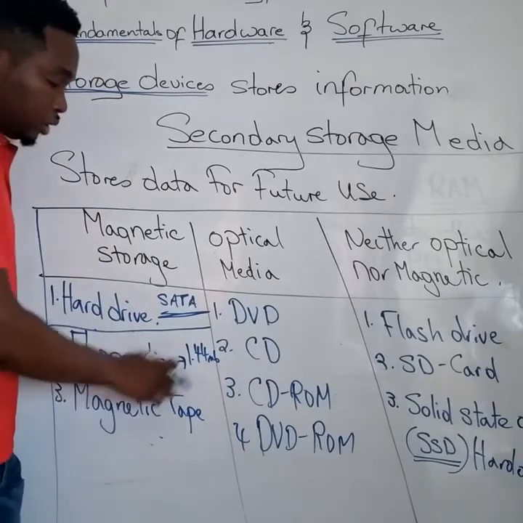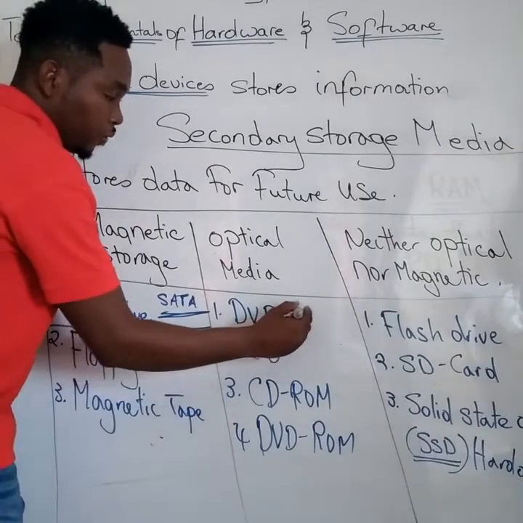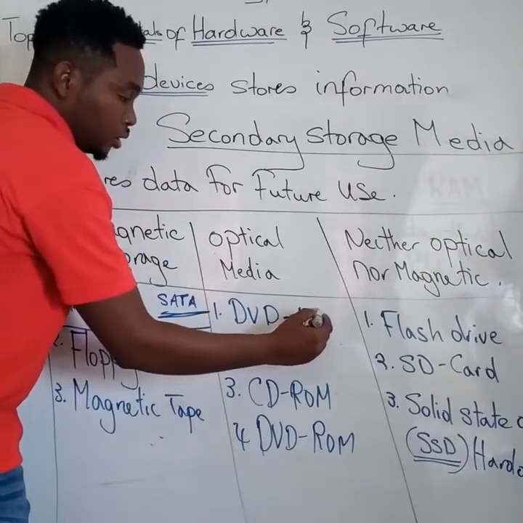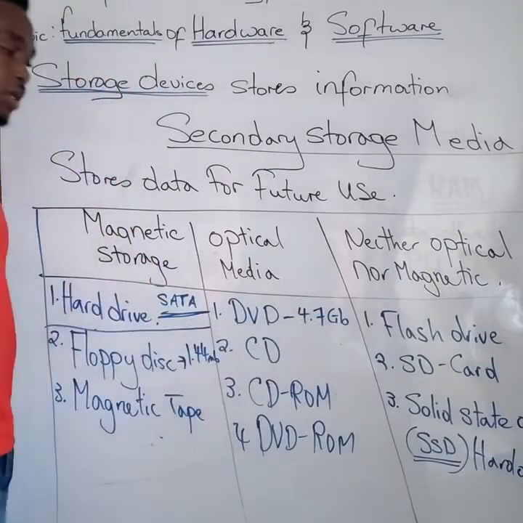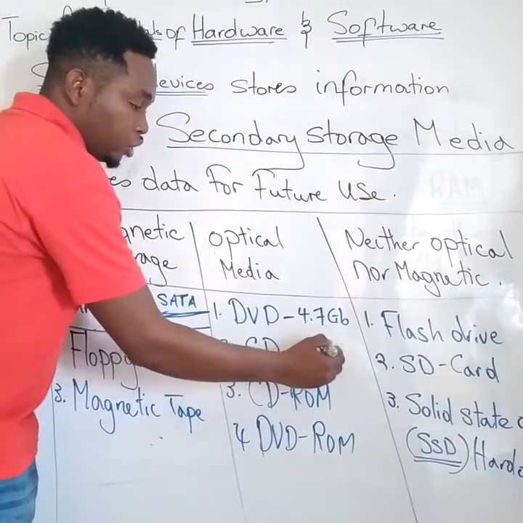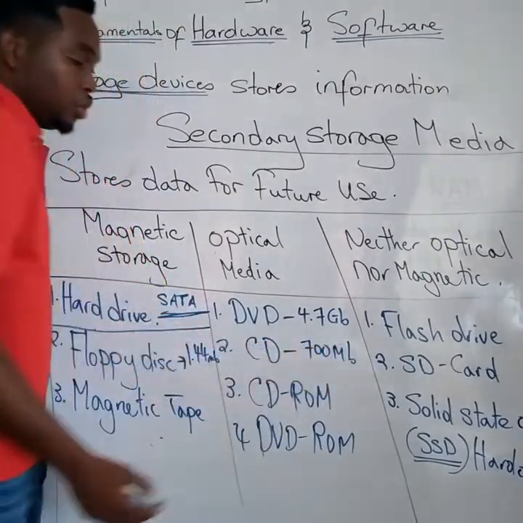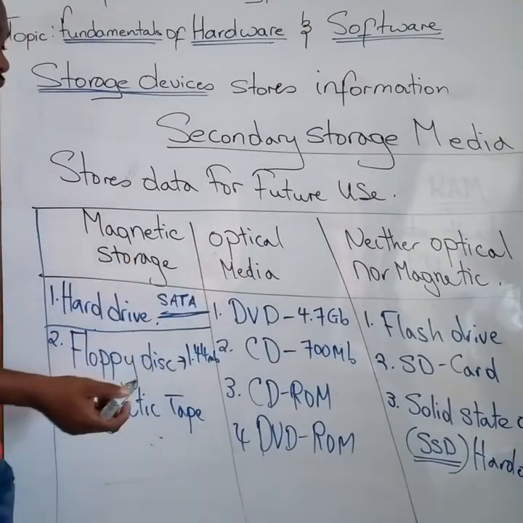We would discuss the DVD going up to about 4.7 gigabytes. A regular CD size would be around 700 megabytes. So we kind of see where we're starting to fall off in terms of size.